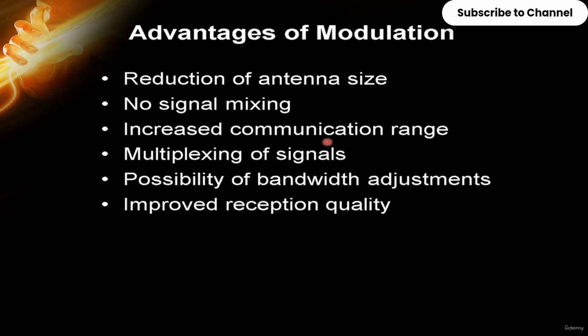Then it increases the communication range, so it is applicable for longer distance communications, and multiplexing of signals. With multiplexing, at a particular time, various users can communicate over the signal, and bandwidth adjustments are also given according to the application which the user is using, and it improves the reception quality.